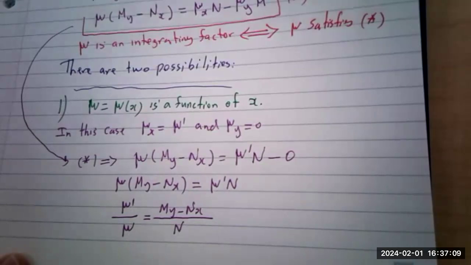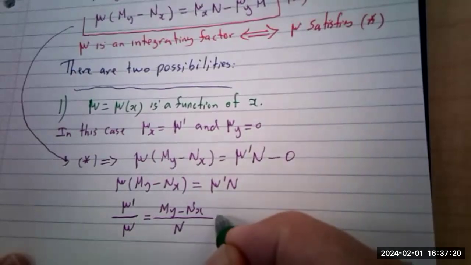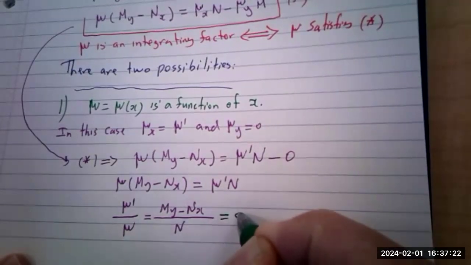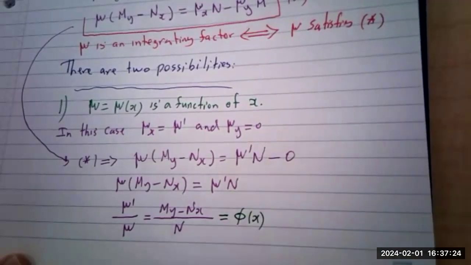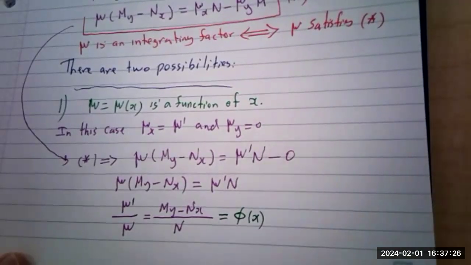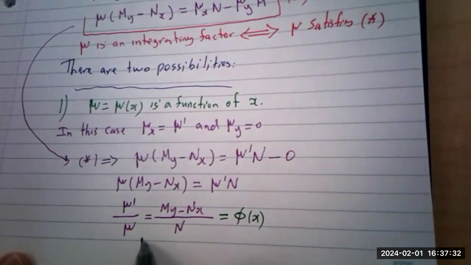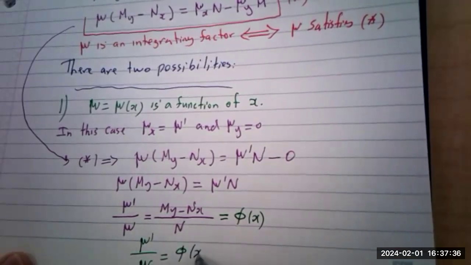If they are not the same, subtract them, divided by N. If the result is going to be a function of x, then you can use this formula. So we usually call this one phi of x because it is a function of x. Then we solve for the mu prime. It's separable variable. So it is going to be mu prime over mu equal to phi of x.